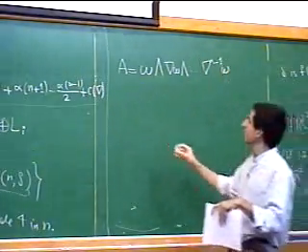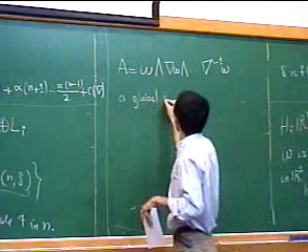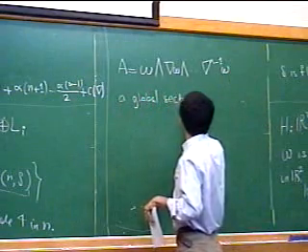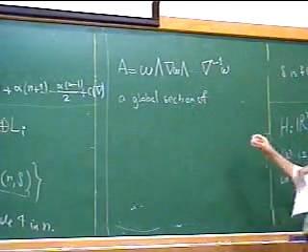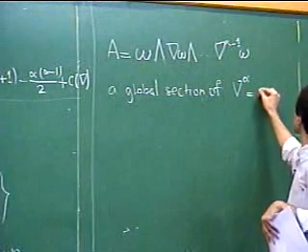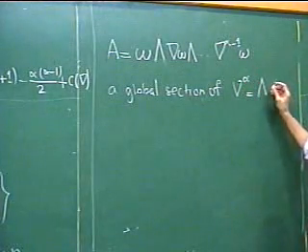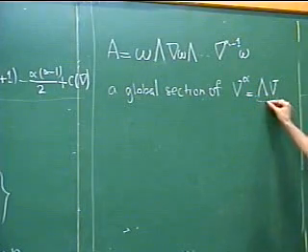This is going to be a global section of the determinant line bundle of V, which is the wedge product of the elements of V. This is going to be a line bundle.